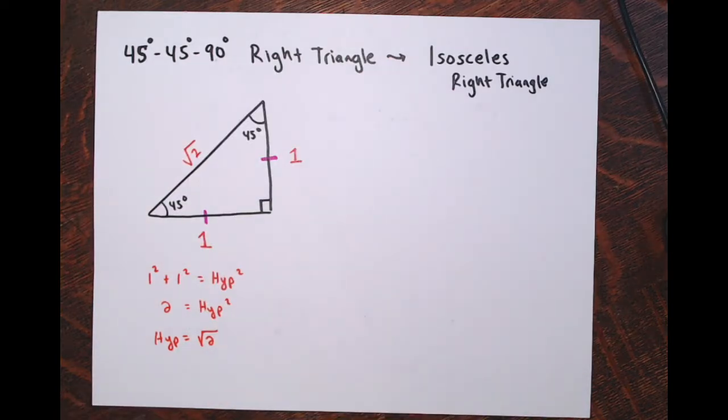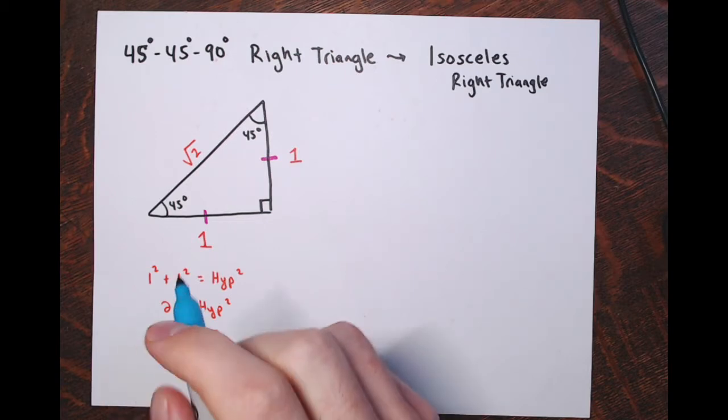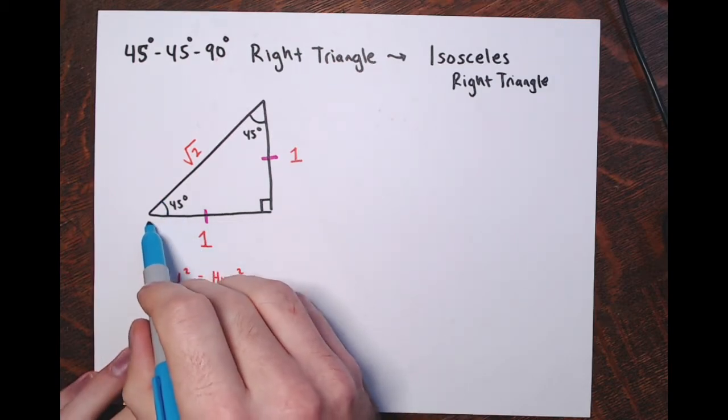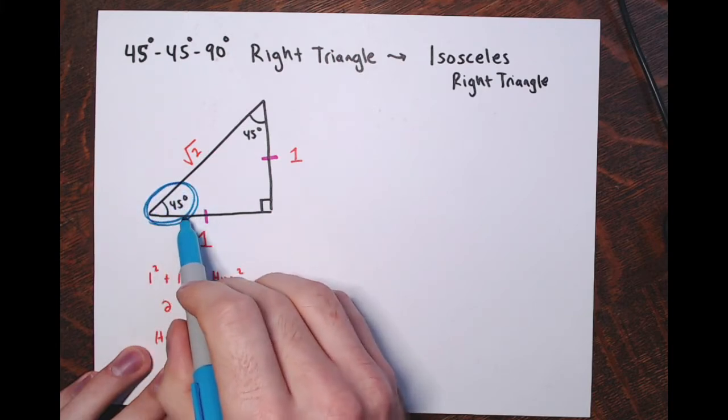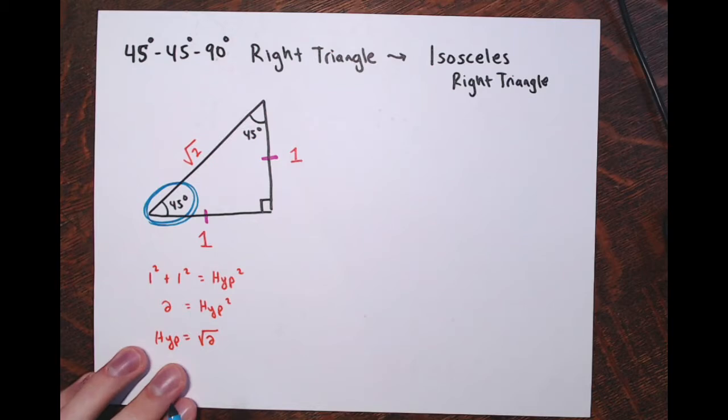And now that I have this triangle set up, I can find the sine, the cosine, the tangent, the value of all 6 of those trig functions, those trig ratios, for a 45-degree angle. I just pick one. So let's say we focus on this 45-degree angle, and it really doesn't matter because they're both the same measure.